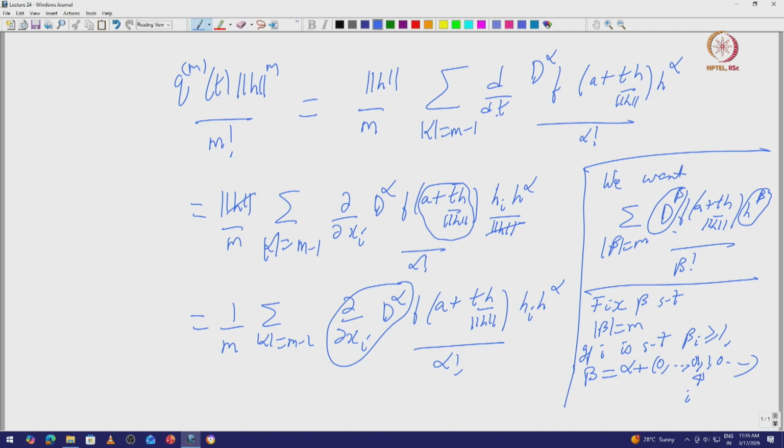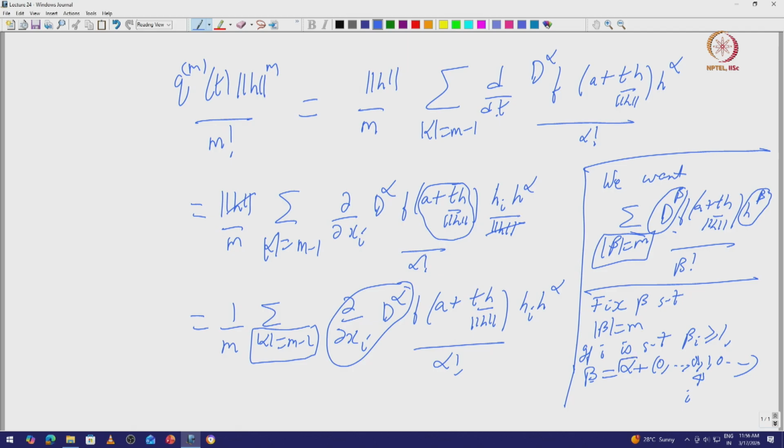So all I am doing is the following. I need to relate a multi-index of size m with one of size m minus 1, right? So I need to separate out this beta. You can write it as a sum of two vectors, alpha, which consists of a vector of non-negative integers, that is integers which are positive but not necessarily strictly positive, plus 0, 0, 0, 1, 0, 0, 0.